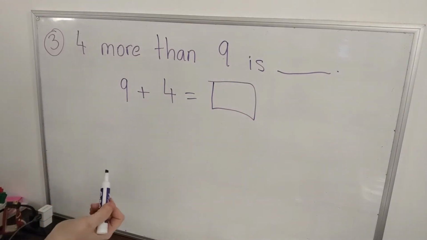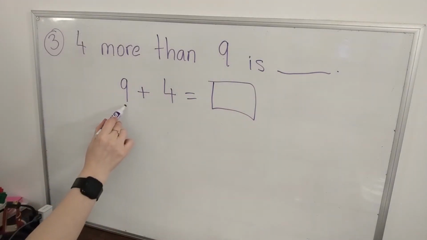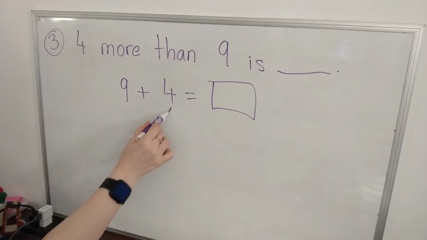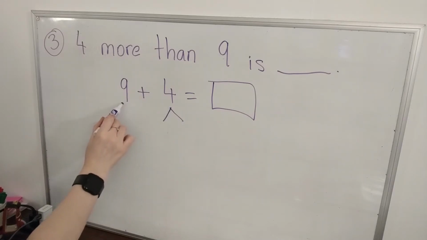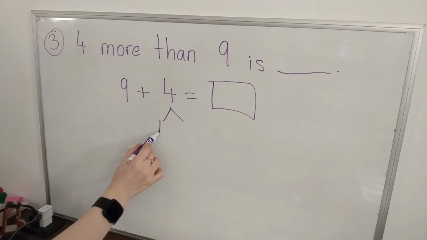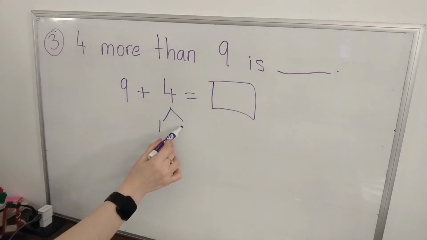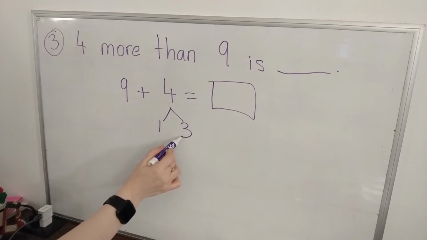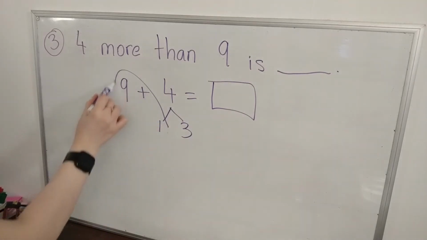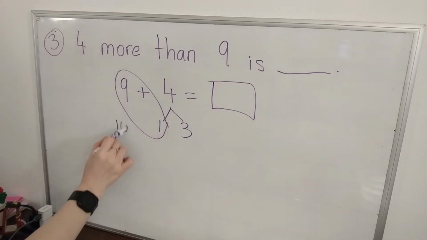I'm going to use my think 10 strategy and I'm going to say how many more does 9 need to get to 10? 9 needs 1 more. What else is left in here? 4 has a 1 and a 3. Excellent. 9 plus 1 is 10.